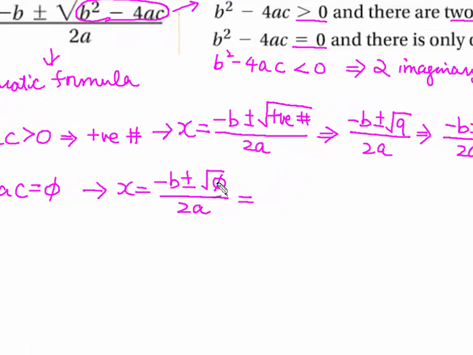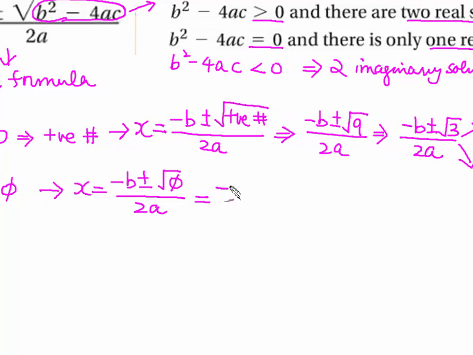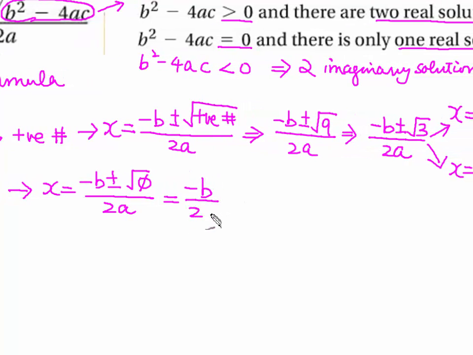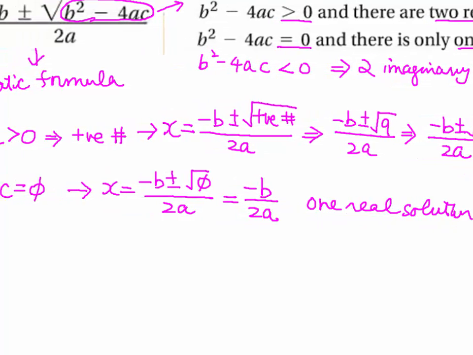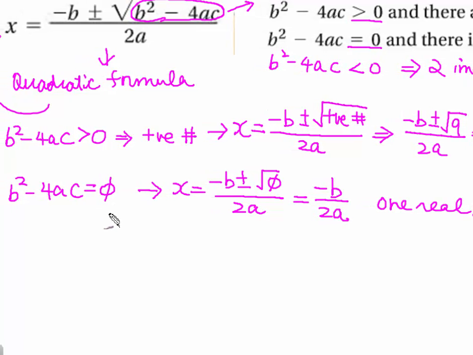And the square root of 0 is equal to 0, so we have negative b over 2a only, because this one is nothing. And that's why we have negative b over 2a as the solution. And that's why we said it has only one real solution when b squared minus 4ac equals 0.